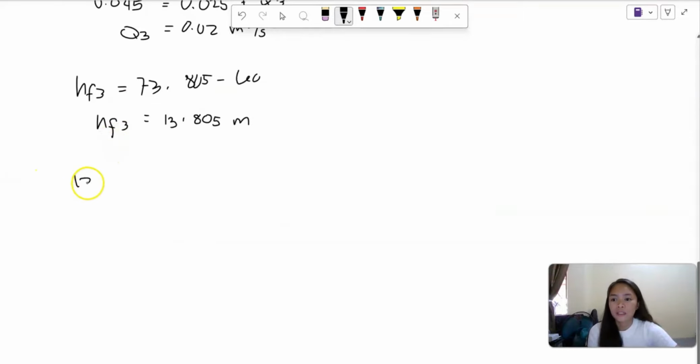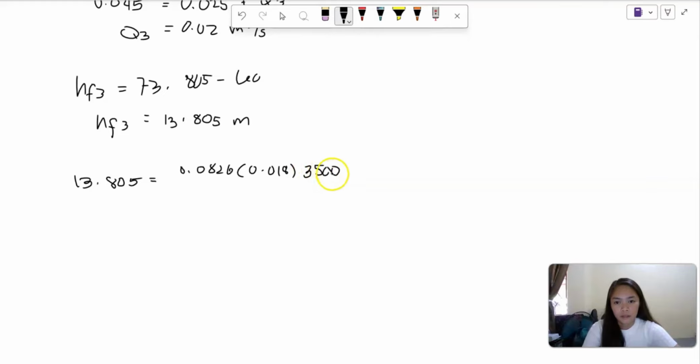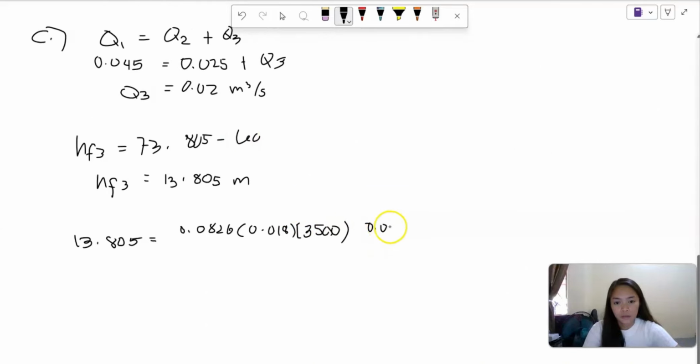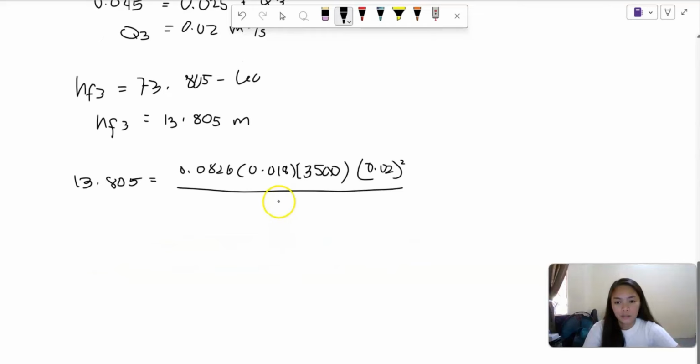So the head loss in pipe 3, 13.805, equals 0.0826 times 0.018 times the length of pipe 3, which is 3,500, and the discharge, which is 0.02 squared, all over the diameter of pipe 3 raised to 5.